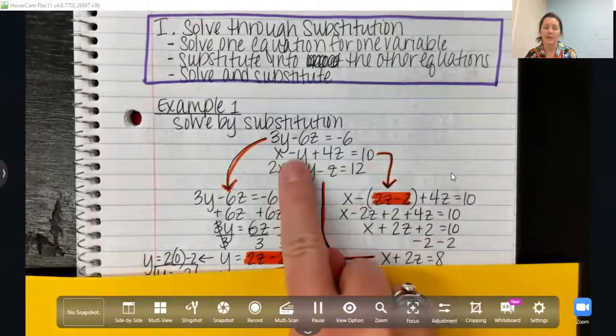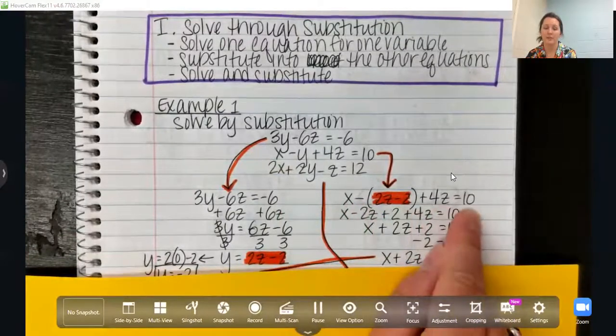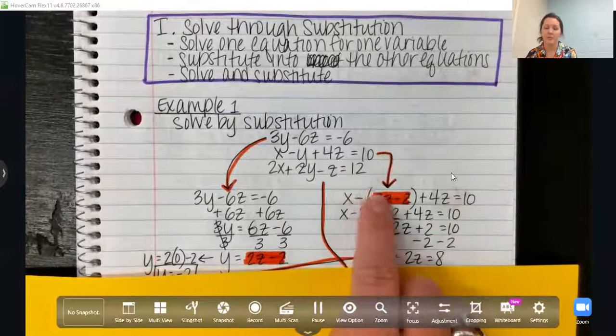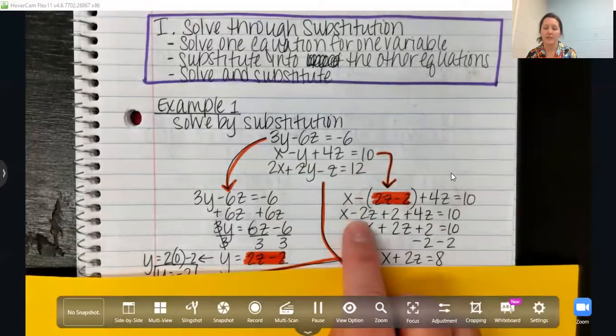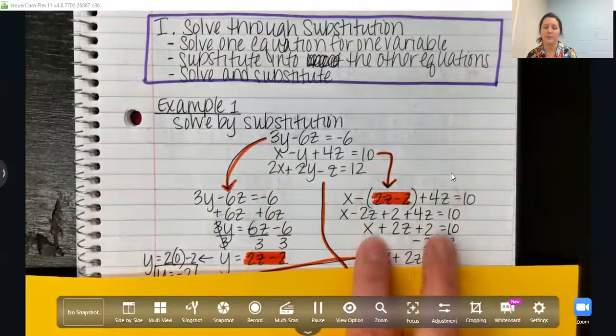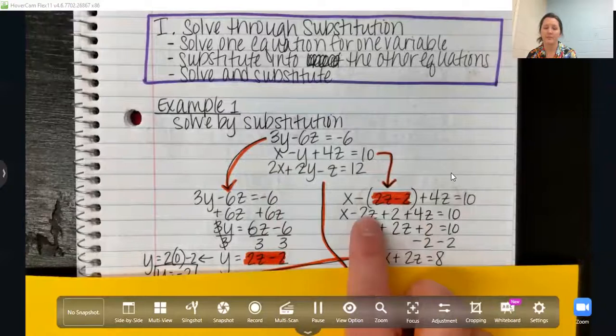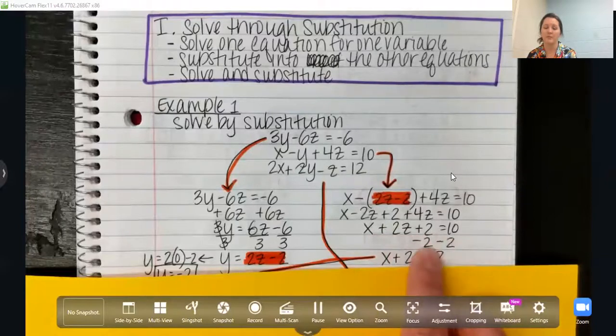Notice that it's x minus y, so it's x minus 2z minus 2 plus 4z equals 10. I'm going to distribute out that negative, right? So I have x minus 2z plus 2 plus 4z equals 10. Combine my like terms. I have negative 2z and a positive 4z, so positive 2z. So I have x plus 2z plus 2 equals 10.